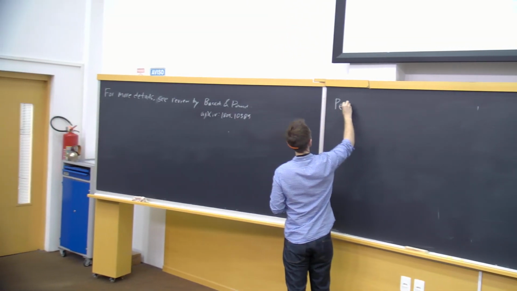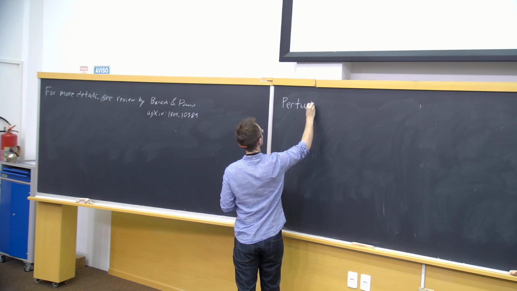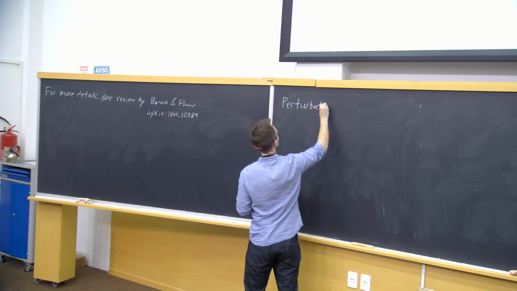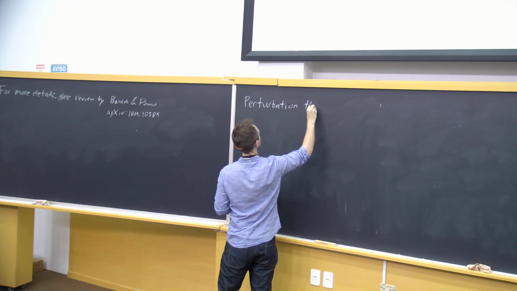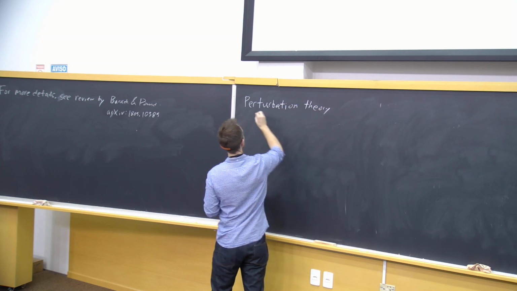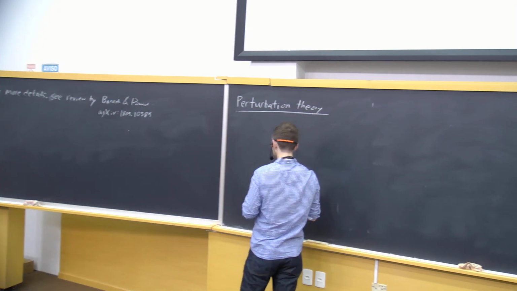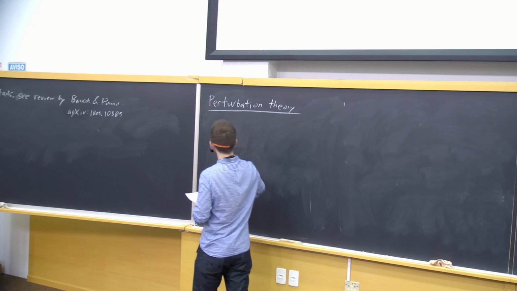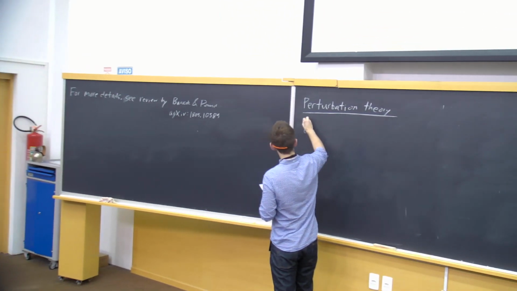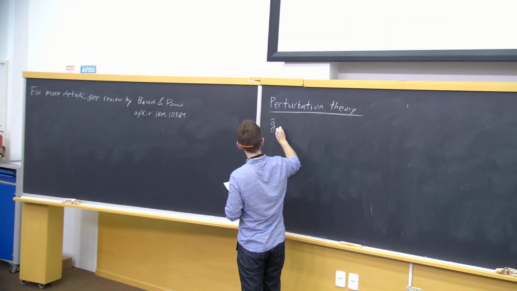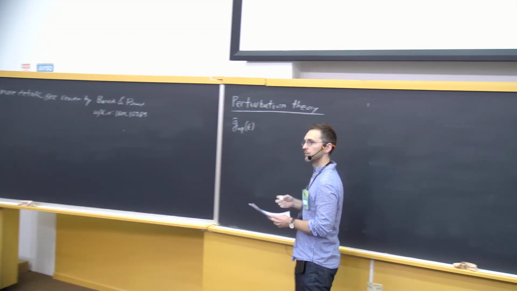So we want to look at perturbation theory. We consider that we have some metric that depends on a parameter epsilon.